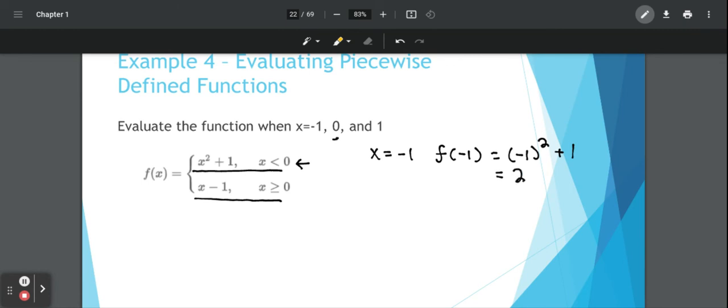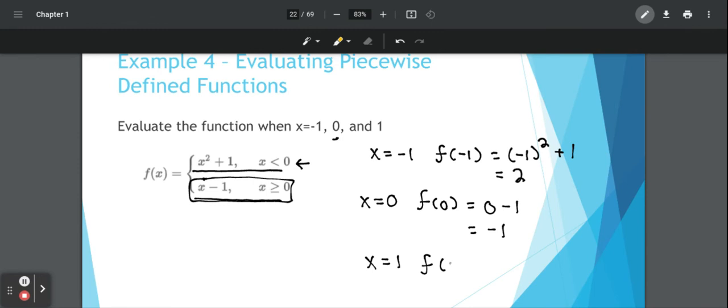If we're looking when x is 0, we'd say f of 0. 0 is included in the bottom part of the function. So if we plugged in 0, we would say 0 minus 1, which would give us negative 1. And when x is 1, that's still included in that second part of your piecewise function. So f of 1 would be 1 minus 1, which would equal 0.